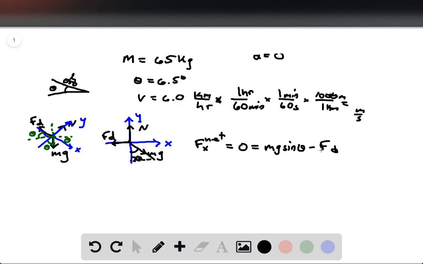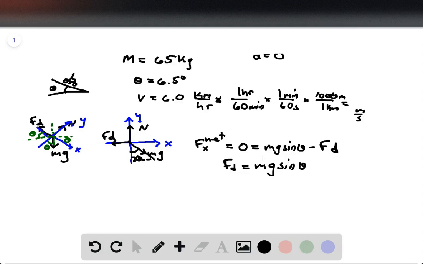We don't know what the drag force is, so we're calculating that first to be able to answer the question, which is how much force must be applied to climb up the hill at the same speed and with the same air resistance. We aren't going to be able to figure that out until we have an idea of what the force of air resistance is in terms of the given quantities. So then we can just solve for FD here. We are given the mass, the angle theta, and g is a known constant, acceleration due to gravity. So now we know the drag force.